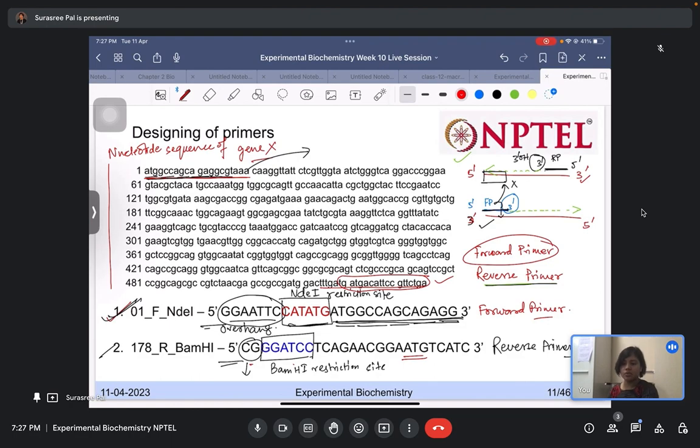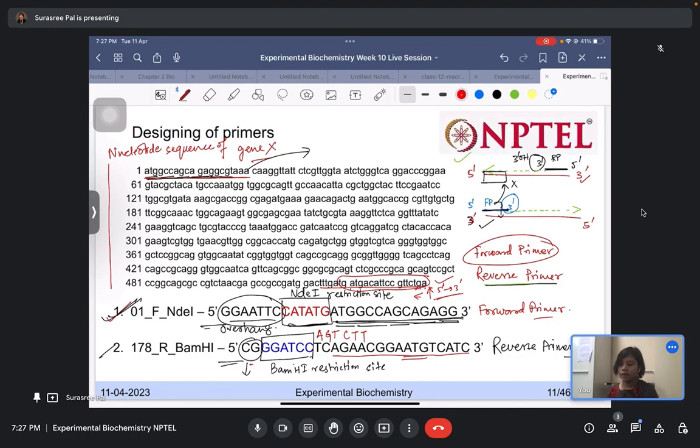And then it is complementary to this particular sequence because this is the sequence of the 5' to 3' strand. So we need to design a primer which is reverse to this and complementary to this, right? So which is why we have reversed and complemented the sequence of this. So you can see here it is TGA, or AGT if you read from this particular side. So here we have kept the complementary sequence of that.